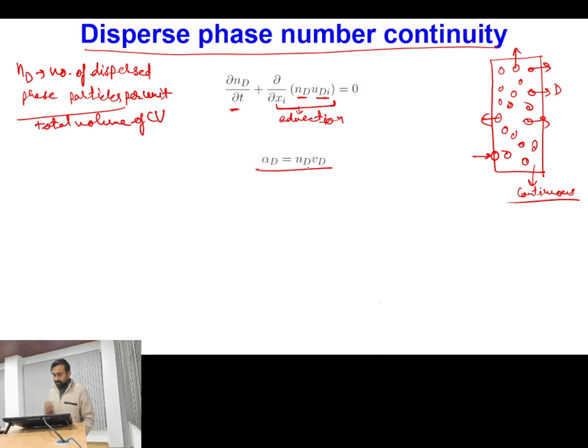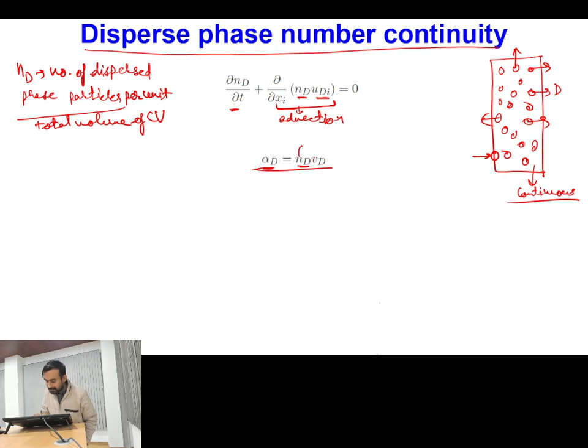Now, one interesting fact. If I have to define alpha D, what is it? It is the volume fraction of the dispersed phase. The volume fraction of the dispersed phase will be nothing but the volume of the dispersed phase. The volume of the dispersed phase will be the number of particles of dispersed phase present in the system times the volume of the individual particle, Vd.